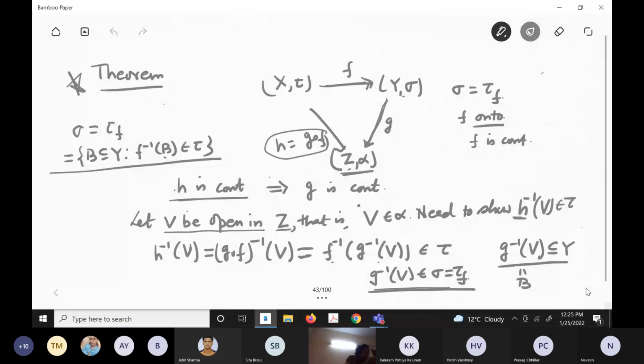Now, last time I talked about the quotient map; always we talk about basically onto maps. So suppose that we have a quotient space. Why this quotient topology?